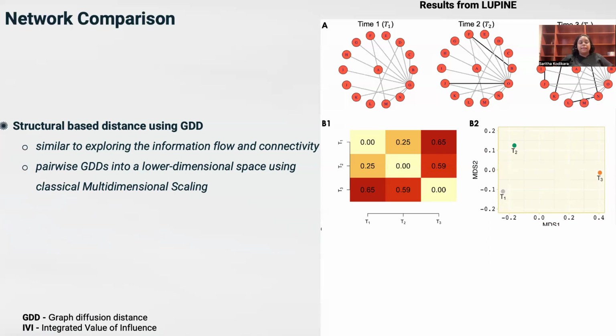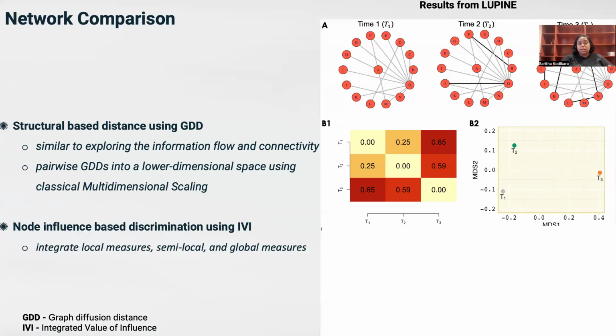That is something biologists would be interested in, because you want to find out what's happening at the node level, or which nodes are different across these networks. So that's where we have the second measure, which is the IVI score.